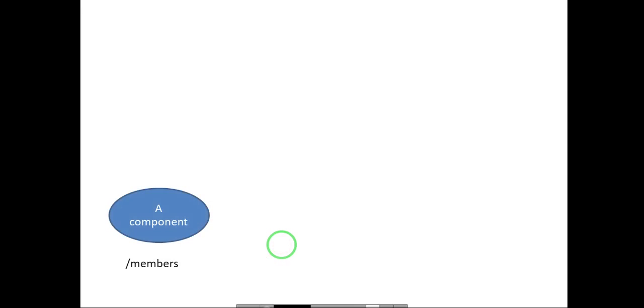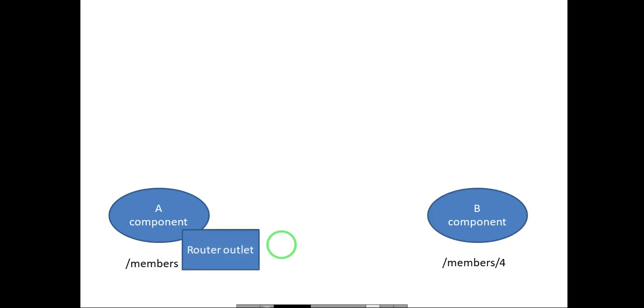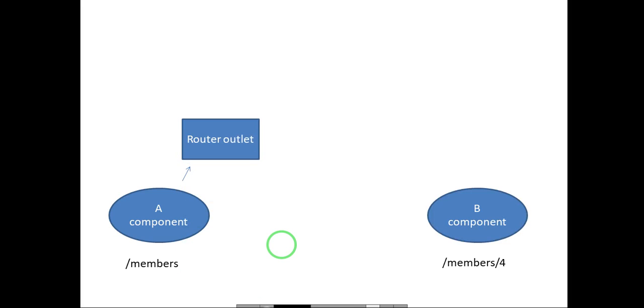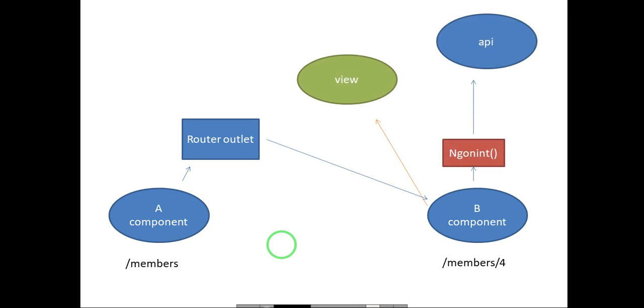Now we want to see what the resolver guard in Angular is. Imagine we are in a component, and through the router outlet we want to go to this B component, the member slash four URL. In this B component we want to get data from an API, and it's possible with ngOnInit.